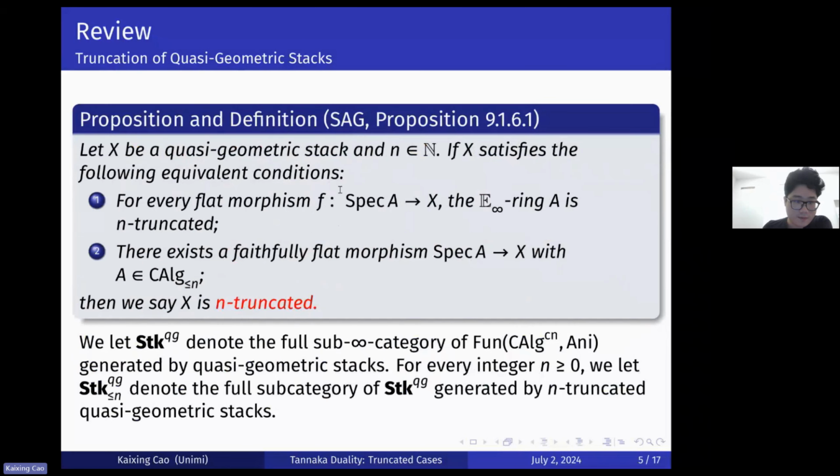Because we need to pass to the truncated case of the Tannaka duality, we need to know what the truncation of a quasi-geometric stack or geometric stack is.